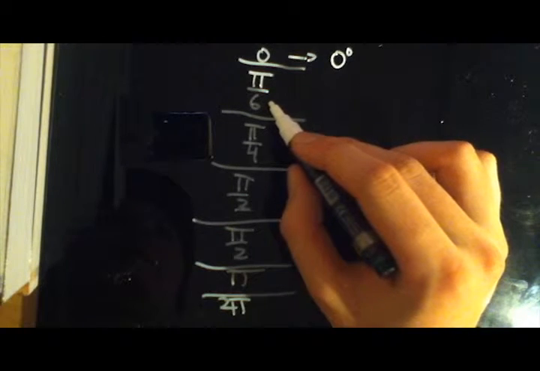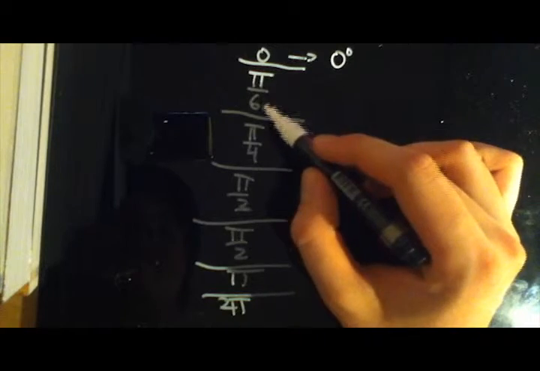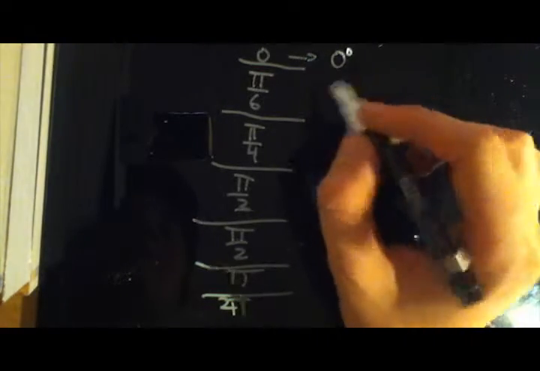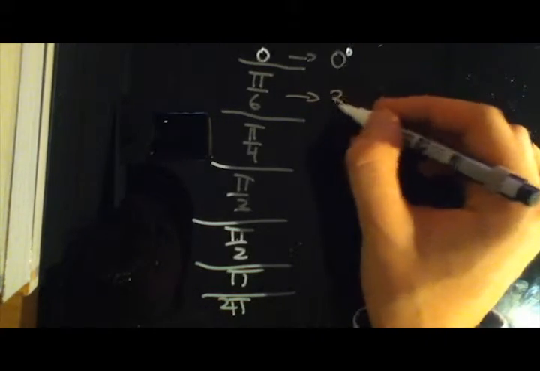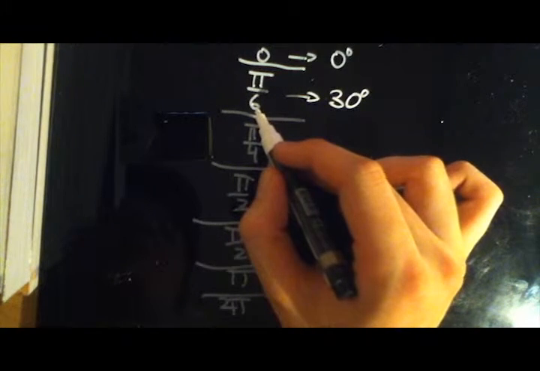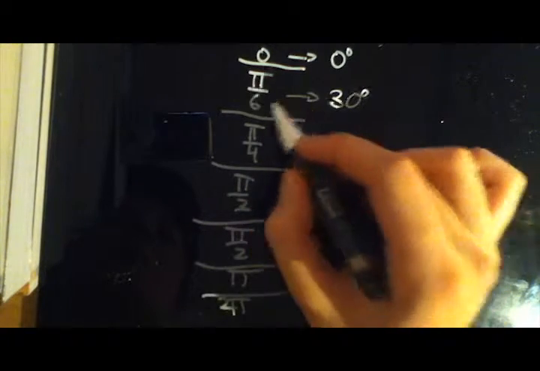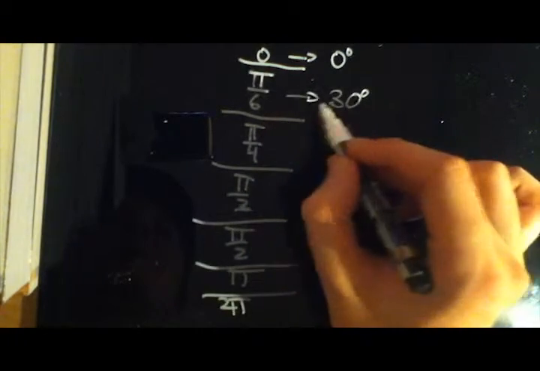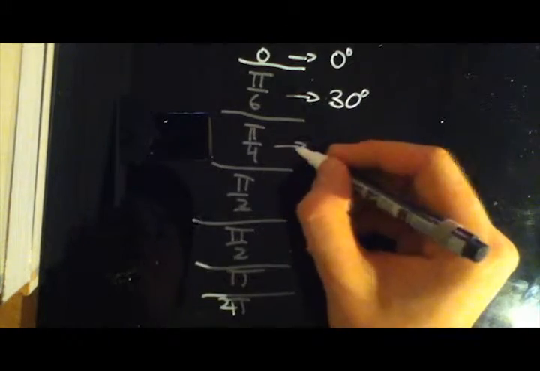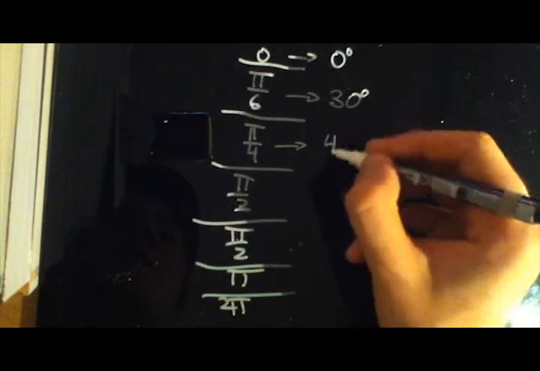Pi divided by 6. Just think about it, there's a 6 here. Well, it's a 6, so we're probably thinking 60 degrees. No, it's not 60, it's 30. It's kind of odd because you see a 6 there, so you automatically assume that it's 60, but it's 30 actually, so it's kind of confusing. Now pi over 4, it's kind of fair, it's 45, there's a 4 there, right?